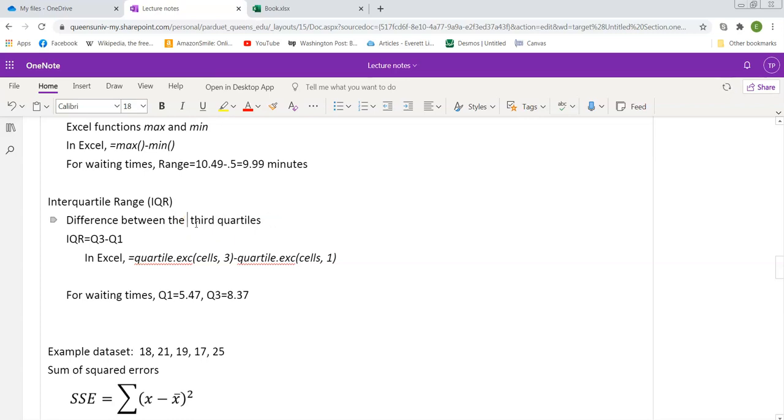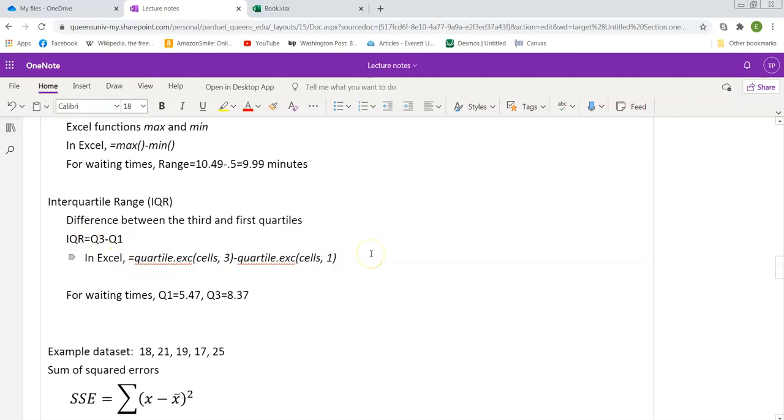Or I'll actually write this as third and first, because technically this means the third minus the first. Interquartile range is abbreviated as IQR. And so it's just Q3 minus Q1, and that's your IQR.